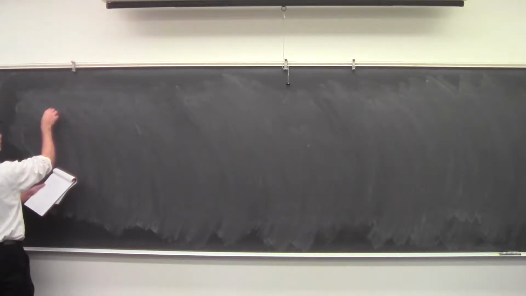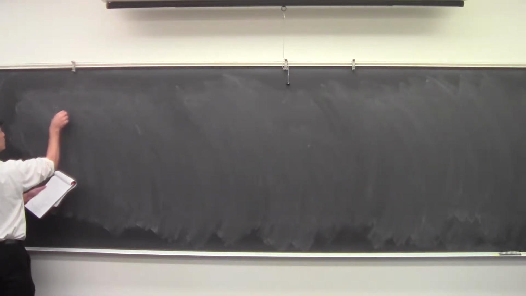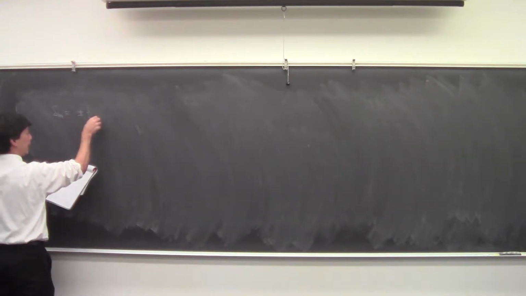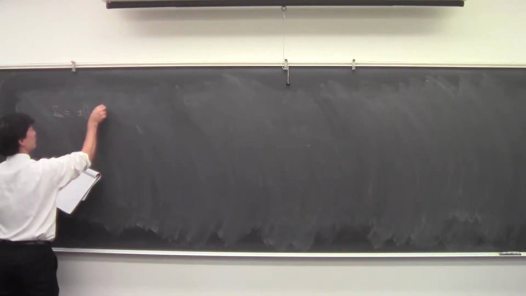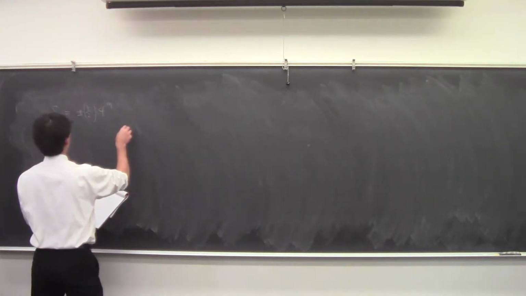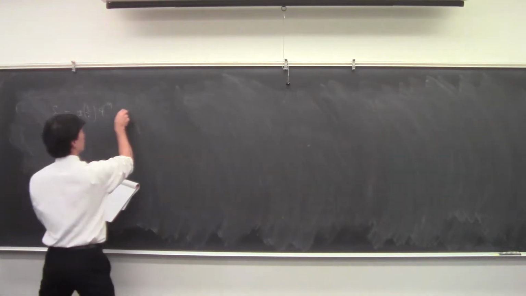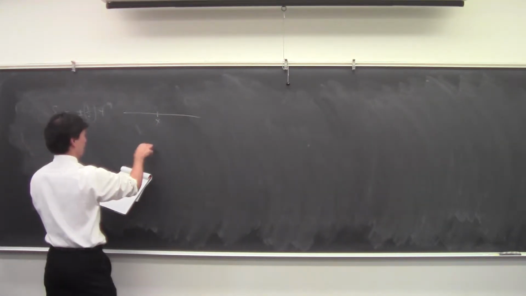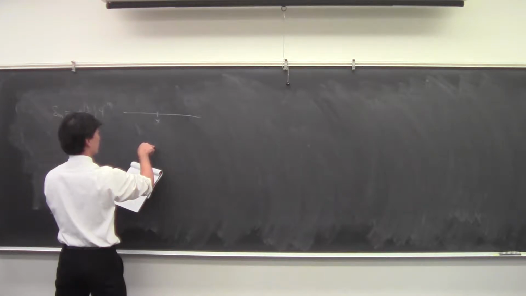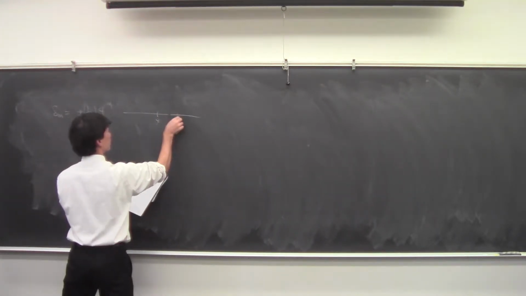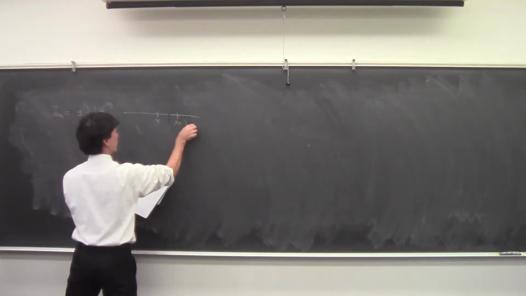Remember what we did. We chose these delta m's that were plus or minus a half times 4 to the minus m. Okay, so here's your x, and we have these points x plus delta m.